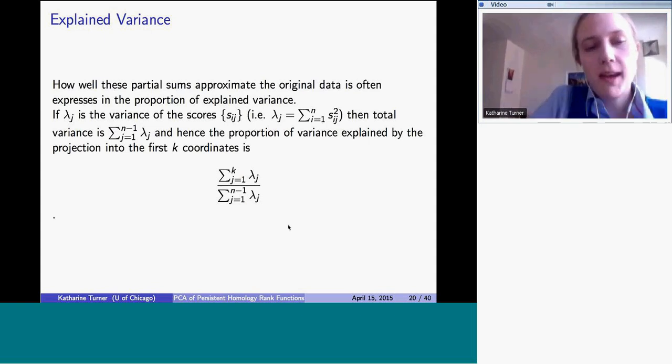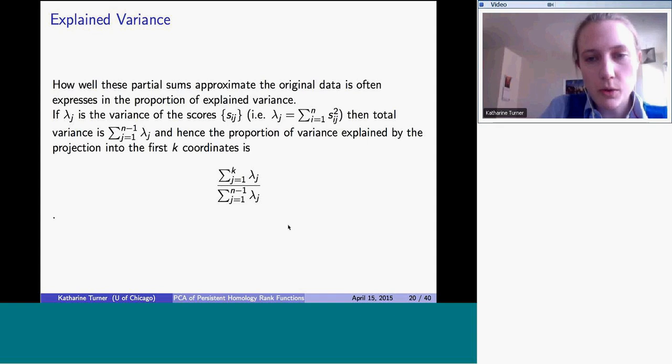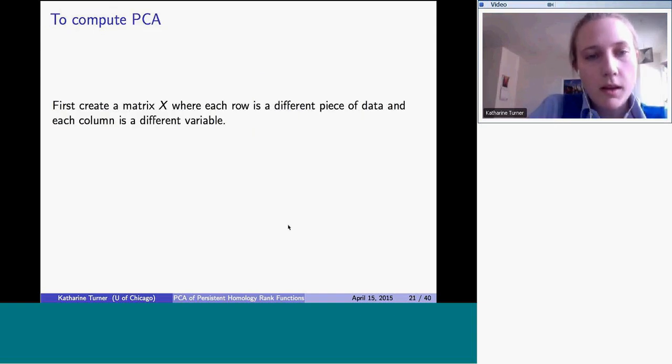So if you take the variance of the scores, it will be the sum of variances in each of the dimensions. So the proportion of the variance in the first j case, sorry, will be the sum of the variances in the first j divided by the sum of all the variances.